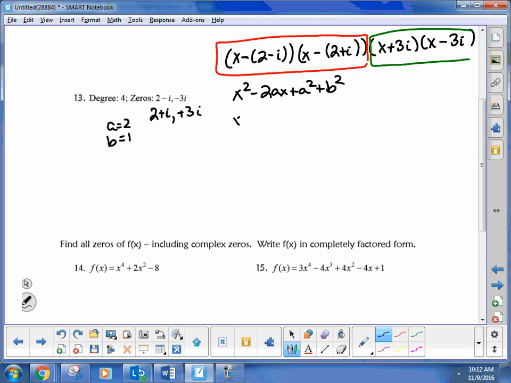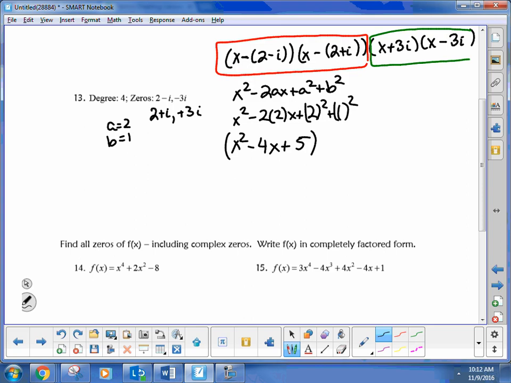So we have the power to substitute that in. And we discovered that this is x squared minus 4x, and this is 4 plus 1, so it's just 5. So this polynomial will form those two imaginary numbers.